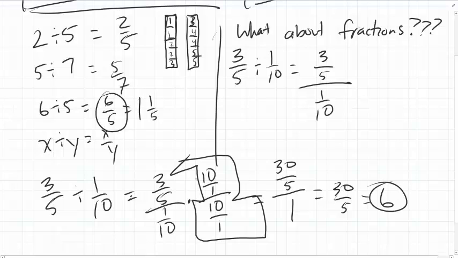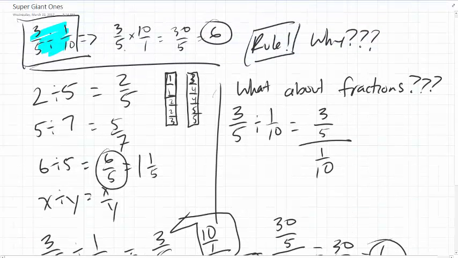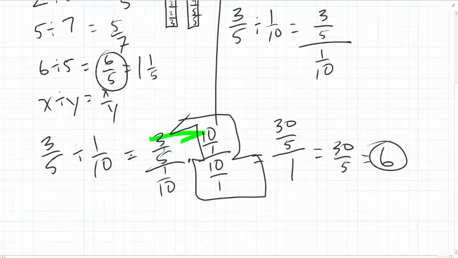So we use the supergiant one, as we see here, to prove the existence of the rule we talked about earlier. 3/5 divided by 1/10 is the same thing as 3/5 times 10 over 1, because if we look down here, let me highlight it right here, this multiplication expression, 3/5 times 10 over 1, is seen right over here when we multiply the 3/5 times 10 first to get the numerator. The denominator doesn't really matter at this point because it's going to equal 1. Okay, so this is the supergiant one.